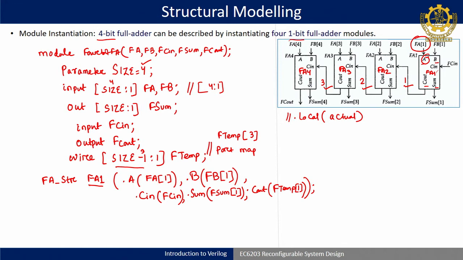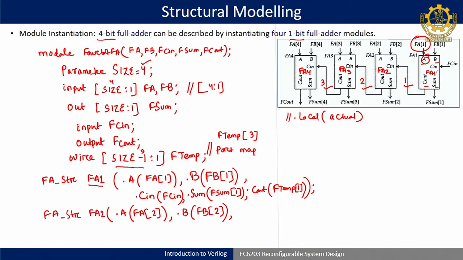Now for the other one I am writing the second fa_str, labeled as fa2. Again I write dot a, bracket with fa2. If you feel I am mapping something wrong, you can tell me. Then comma, dot b mapping with fb2.